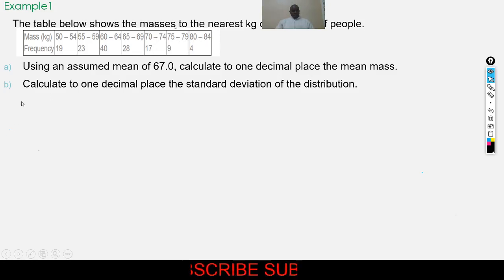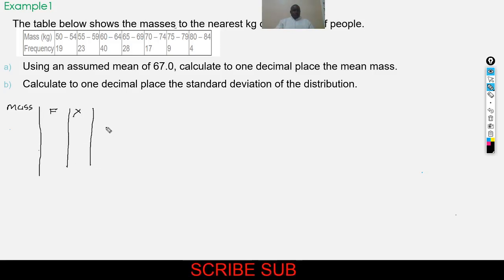What you do in this case, you first of all need to have a table. You write it in column form. So we shall have the mass, then the frequency given. Then we also have x, which we find from the midpoints.